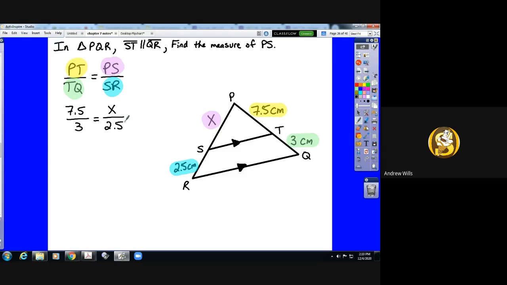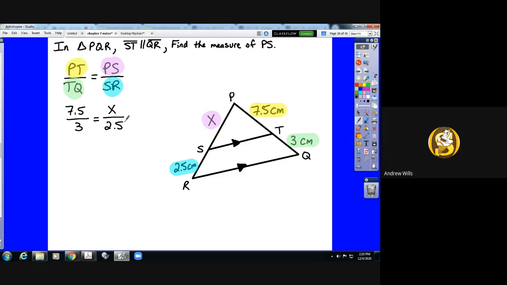Good. Good hustle, by the way. Okay. And if you're getting a different answer, hopefully you can figure out why. Okay. Good. So we're all getting the same answer.